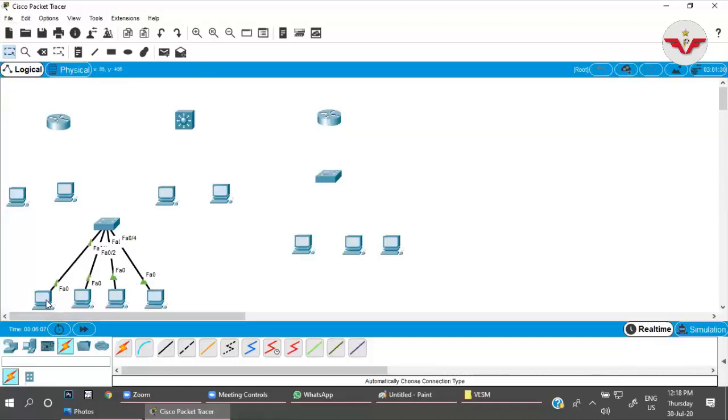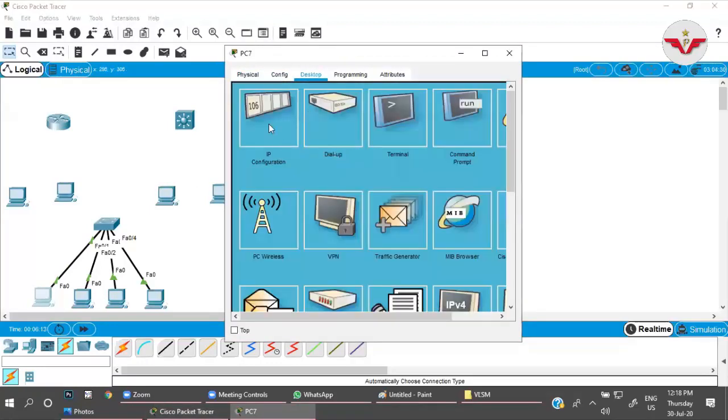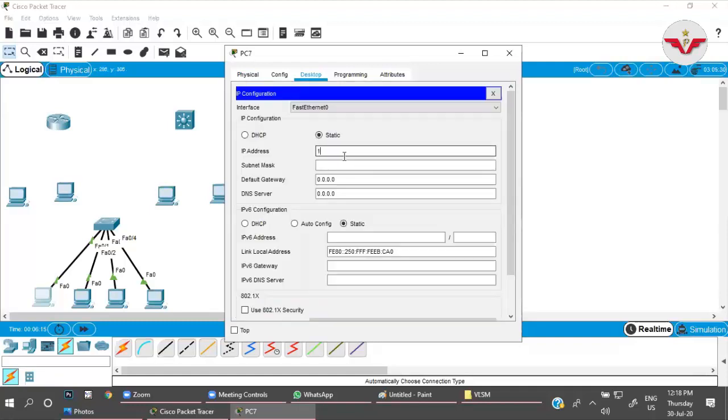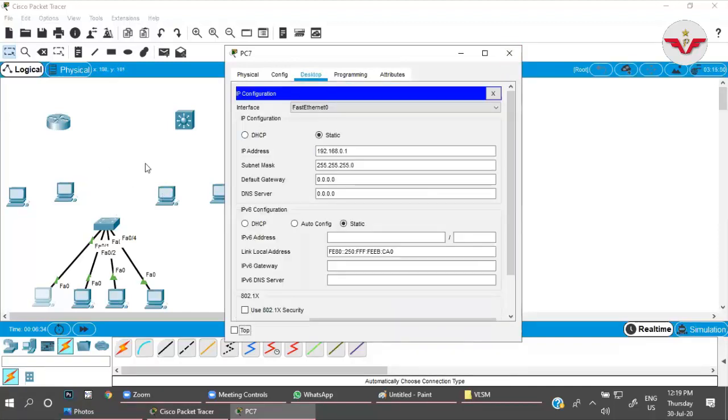So let us give the IP address on each and every PC. Say I'm using the 192.168.0.0 network. I'm giving this 0.1 IP to this PC. Subnet mask by default 255.255.255.0. Let me copy this. I'm not using any router here.